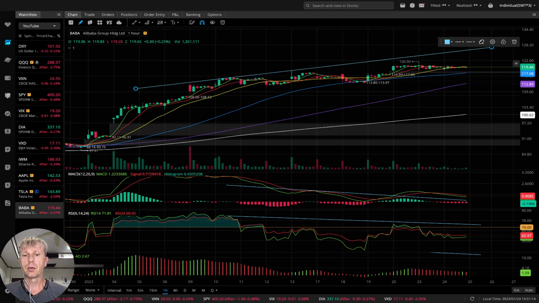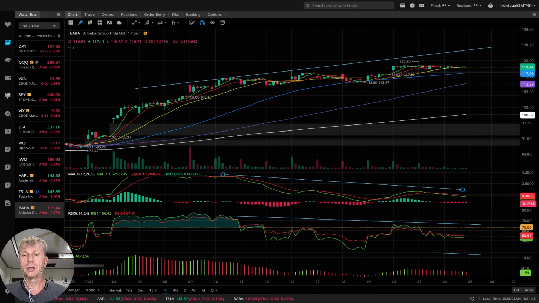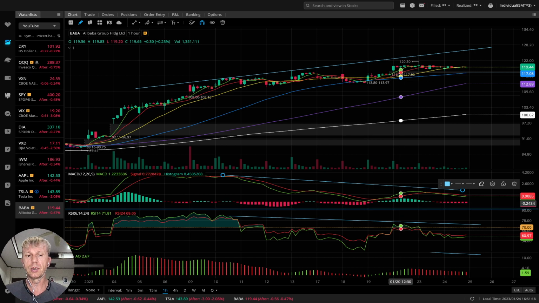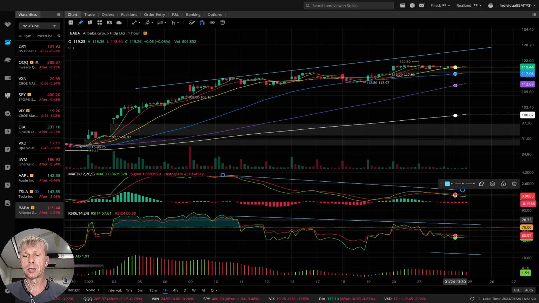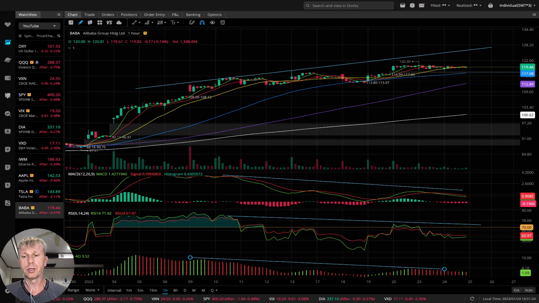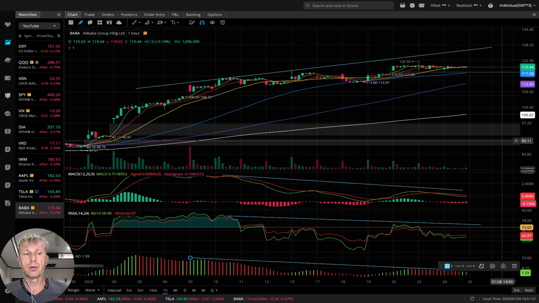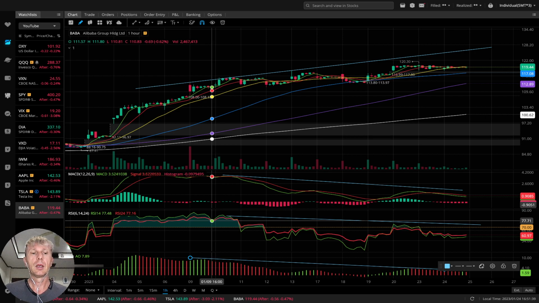Uptrend price action, on the MACD it's a downtrend, bearish divergences on RSI, and on awesome oscillator, same story, bearish divergences. BABA on 1 hour, 4 hours, bearish trend and bearish divergences. On daily, it's still bullish. BABA wants to have correction.